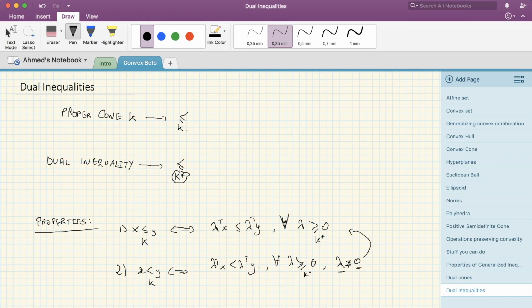Now, since the dual of the dual is back to the self, for the dual inequality you could actually swap those definitions.